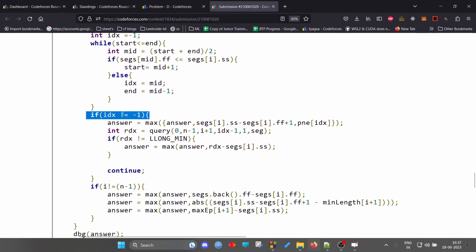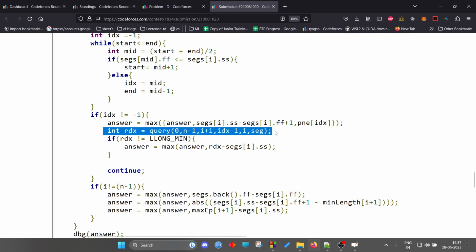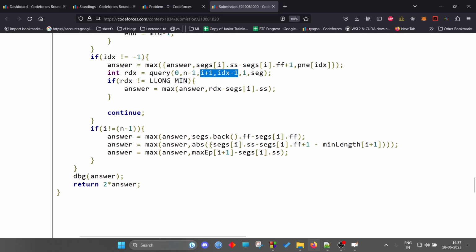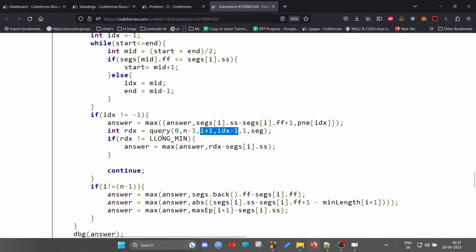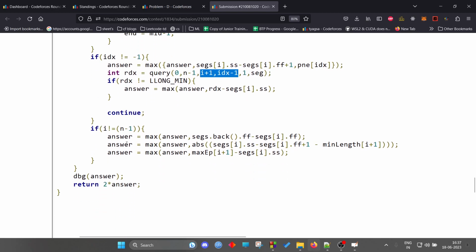If idx is not equal to -1, that means there is some disjoint range to the right. Then you just look at case 1. You compare the maximum size on your right, and the other is you query for the maximum endpoint to your right in this range. Otherwise, you need to look at all the cases 1, 2, 3, and 4.